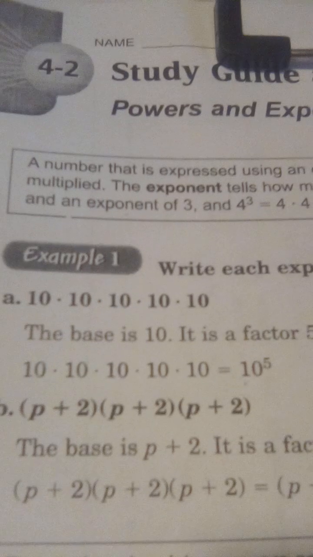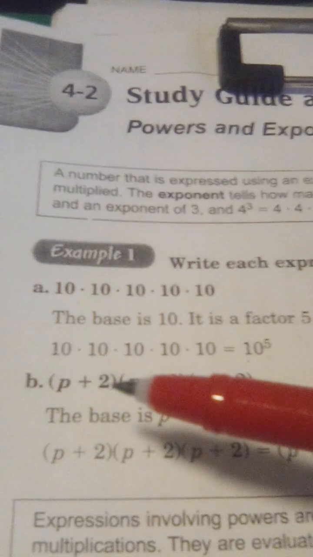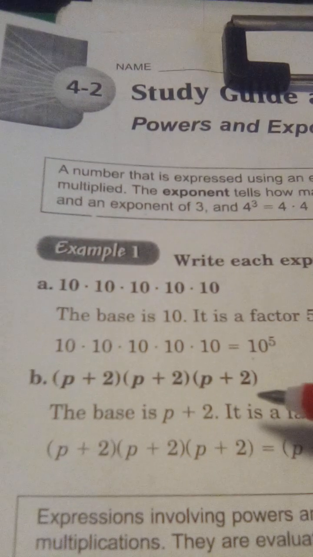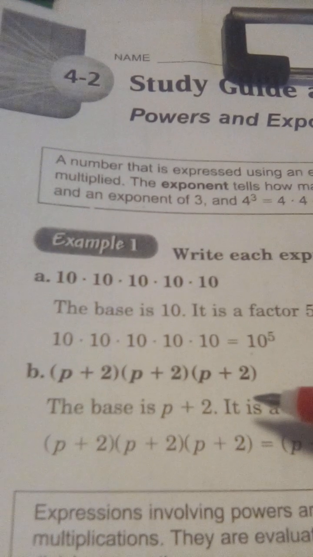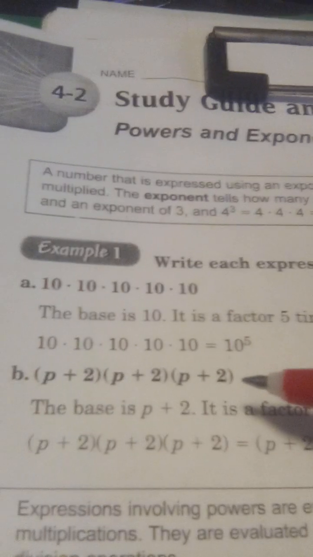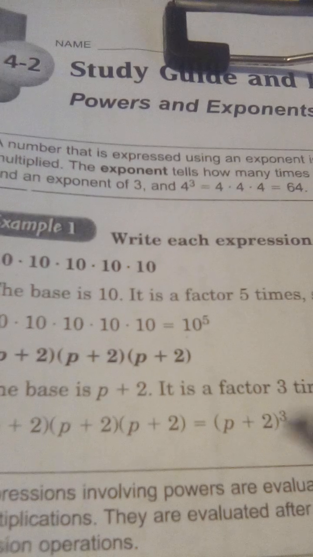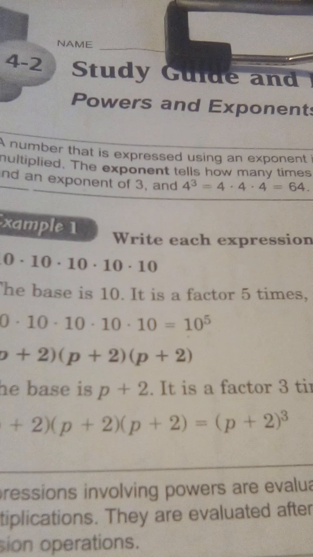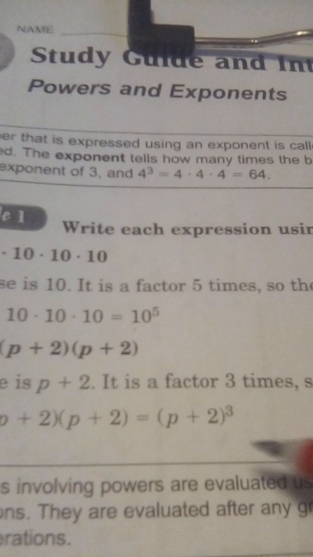All right, let's go on. The next one we have P plus 2 in parentheses 3 times. What's the base? P plus 2. We have to put parentheses around it to make sure it works. And how many times does it come out? 1, 2, and 3. 3 times.